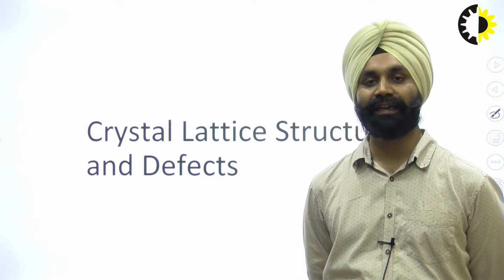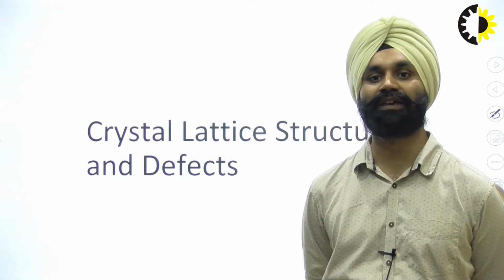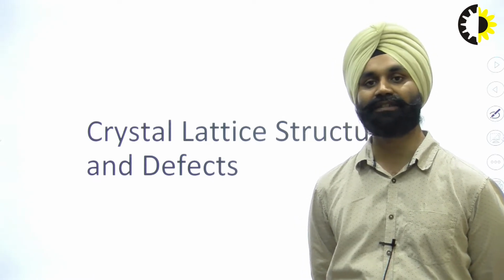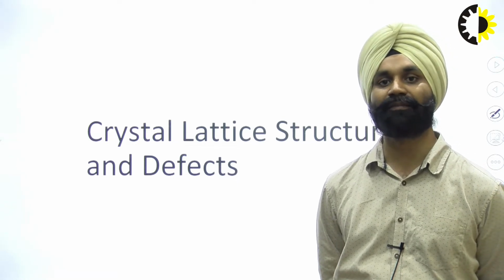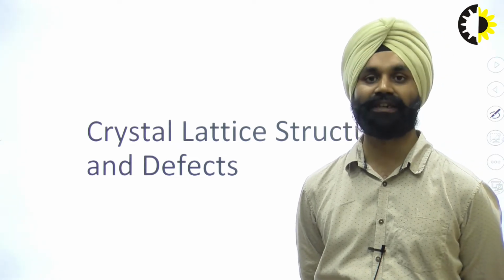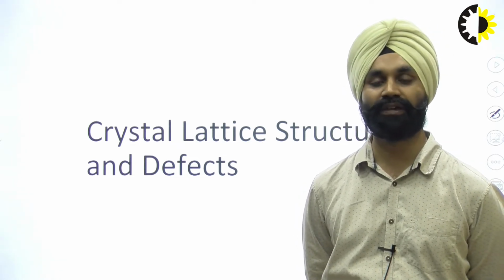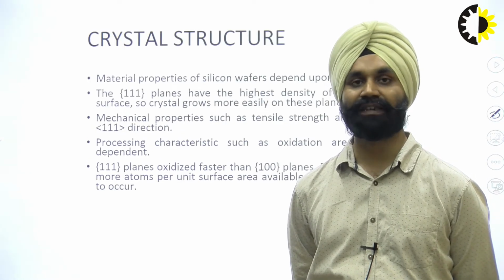So when we need a uniform crystal structure, we need to know about the crystal structures available, as well as the crystal structure defects that are possible in the whole crystal lattice. So let's see what a crystal structure is.